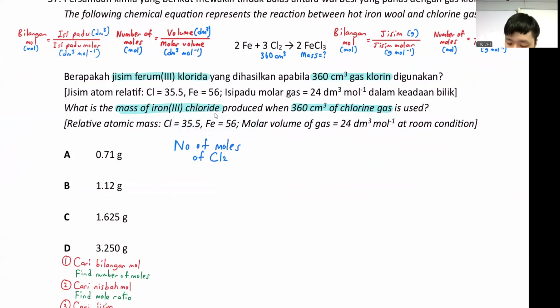In this case you use volume divided by molar volume, but be careful. They give you cm cube, but in the formula it is dm cube. So of course you have to convert to dm cube.